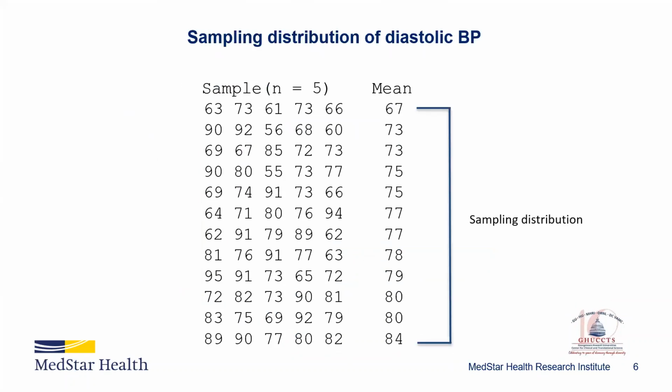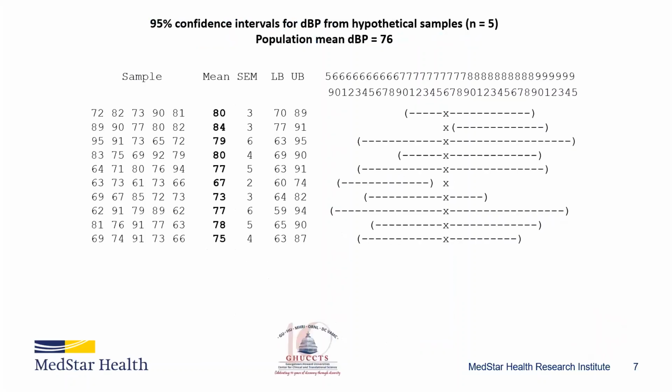And so if I arrange the samples that I've drawn, here I have a dozen or so, and calculate the mean of each sample, you can see that there's variability in those means. Now, some of them are really close to the population mean, but some of them are not so close. But we refer to the distribution of means here as a sampling distribution.